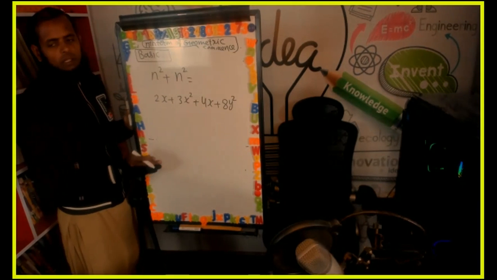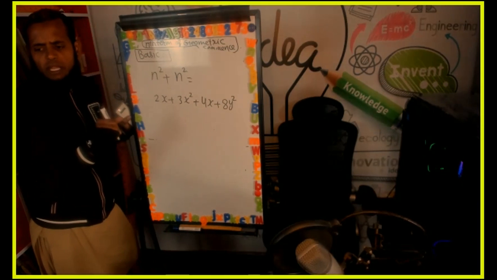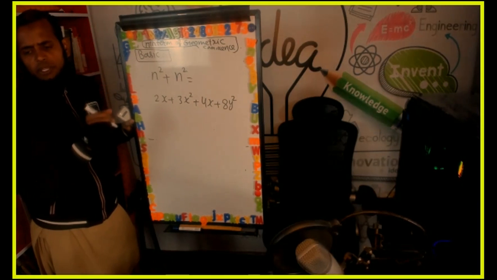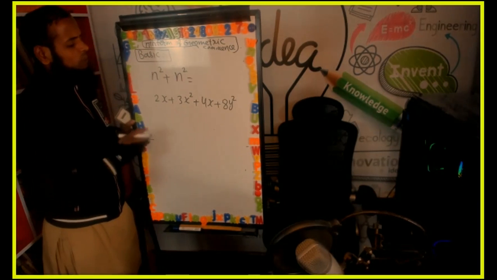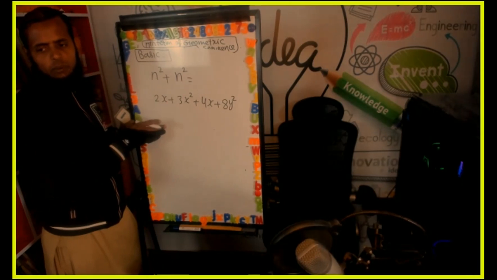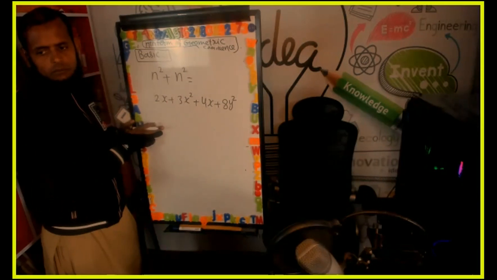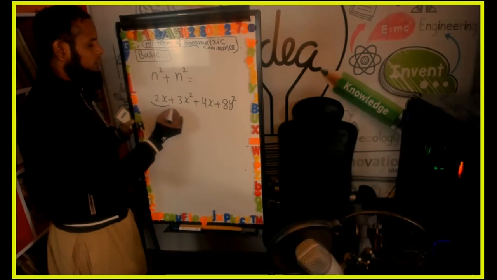You see the like terms. Like terms are terms with the same variable and same power. Can you tell me 2x and its like term? 4x. Yes, 2x and 4x.